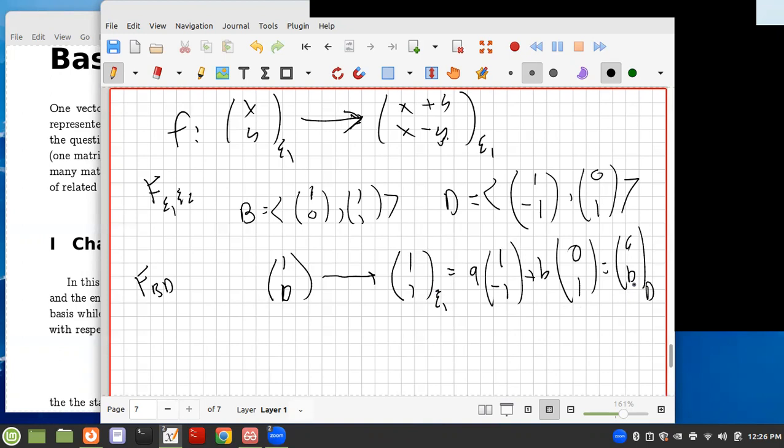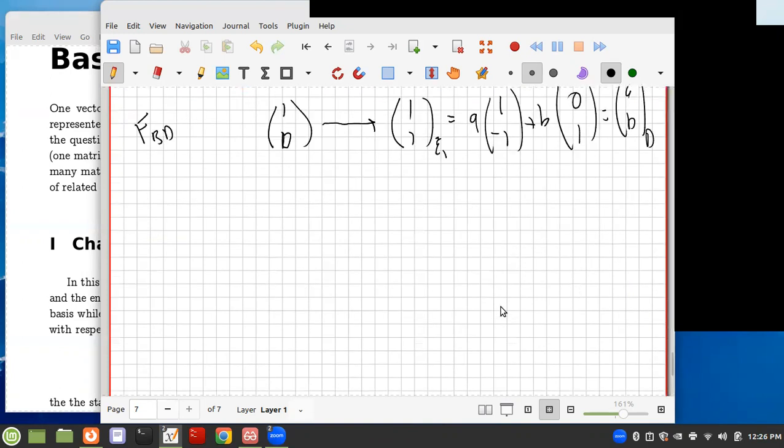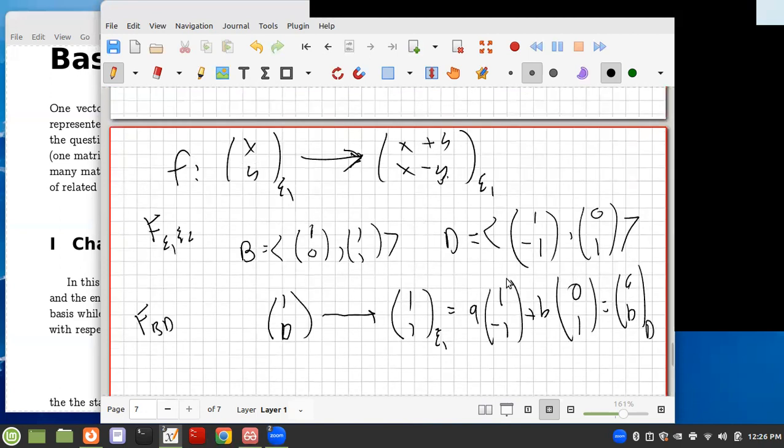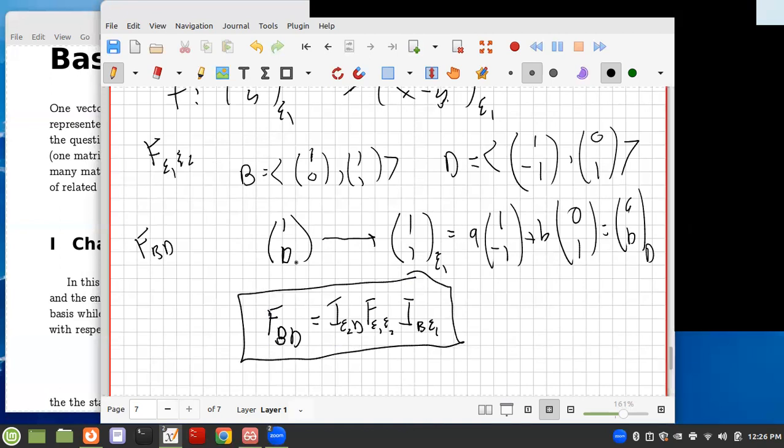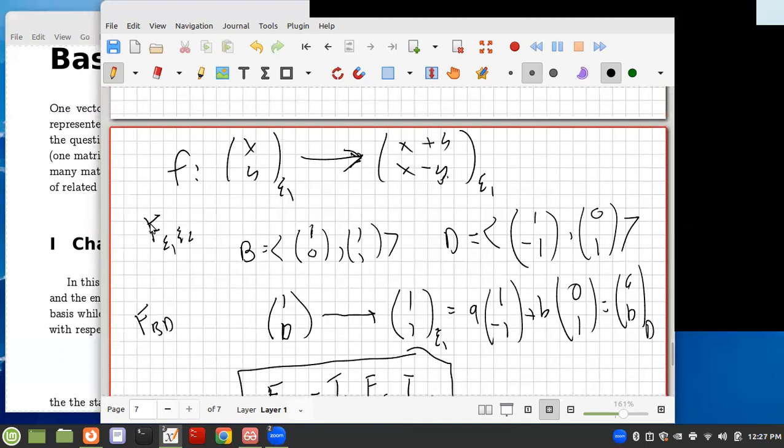And so I could represent F BD as the identity from B to E1, then F from E1 to E2, and the identity from E2 to D. So I could find the matrix that we've been going through by this maneuver, by finding two identity maps and then using the representation of this map here.